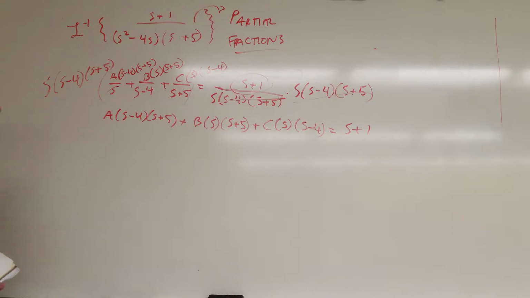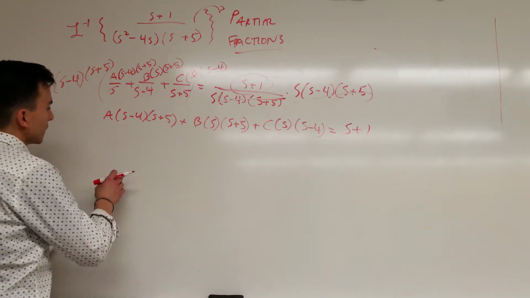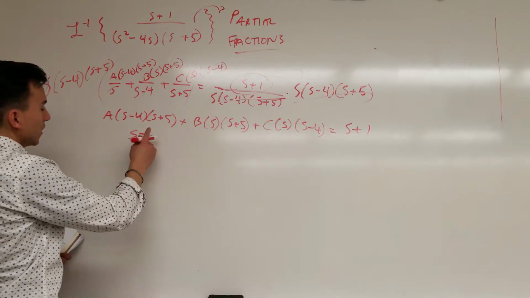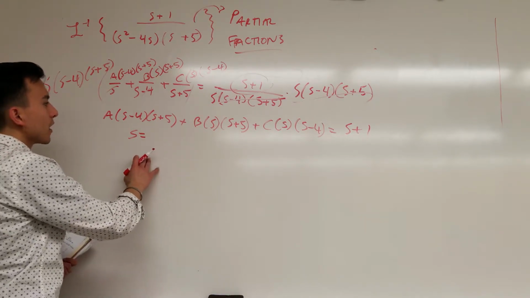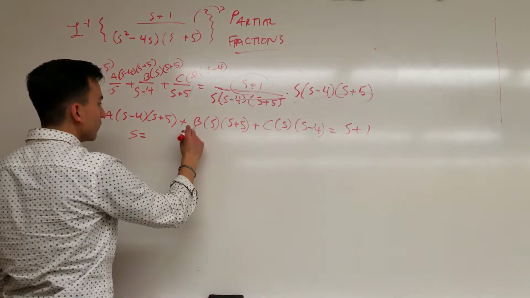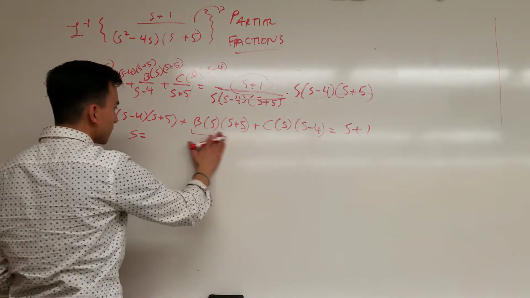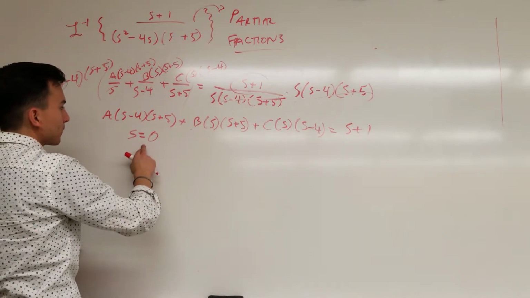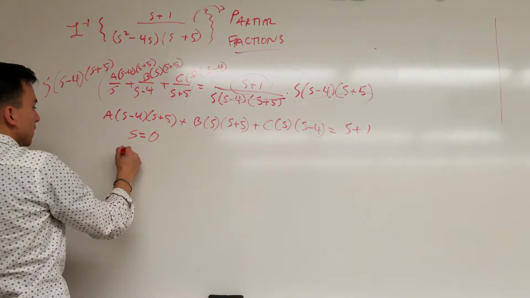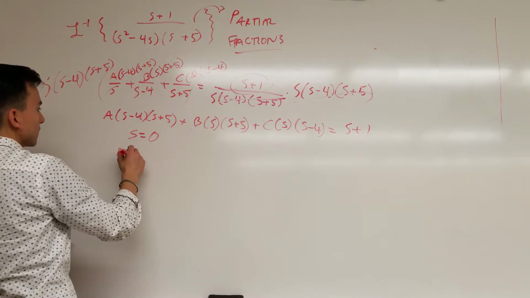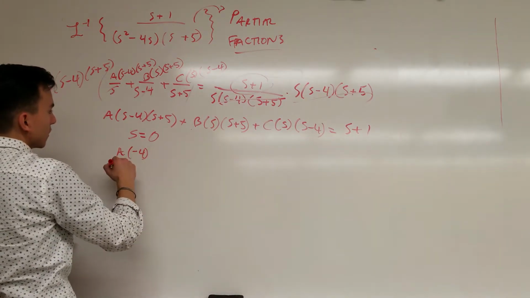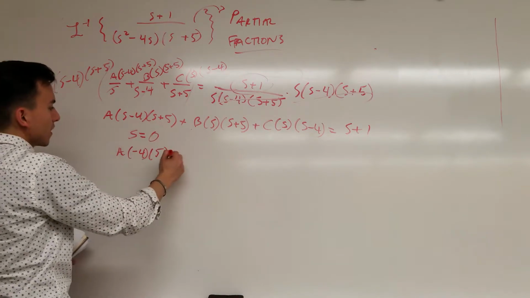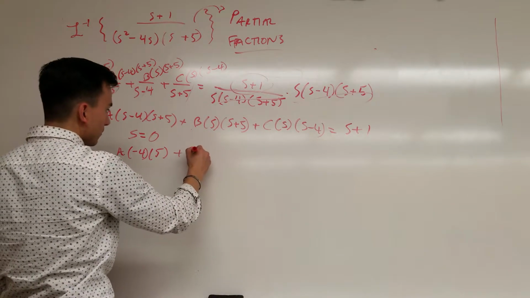Well, usually what I do, and it's one of the fastest ways, is make s equal to a number that will make one of these whole terms equal 0. So for instance, if I set s equal to 0, that would be A times negative 4 times 5. I'm just putting 0 into all the s's, plus B times 0.